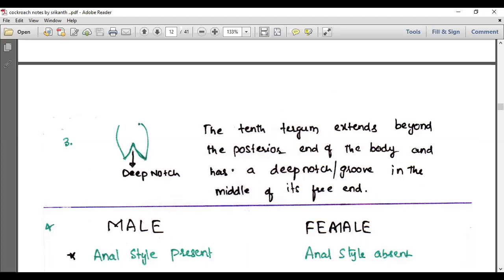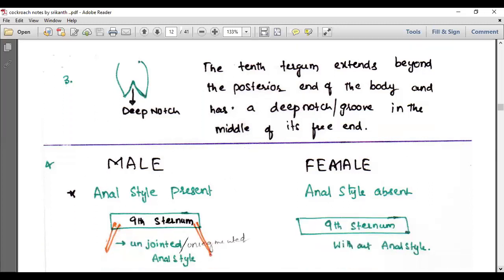The 10th tergum extends beyond the posterior end of the body, and it has a deep notch or groove in the middle of its free end. That's why whenever we draw the abdomen of the cockroach, we draw it like this. Okay. Next.